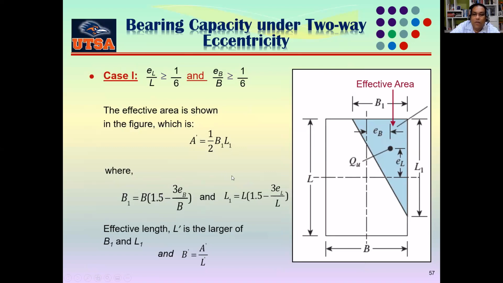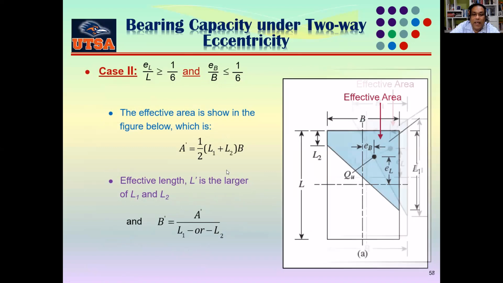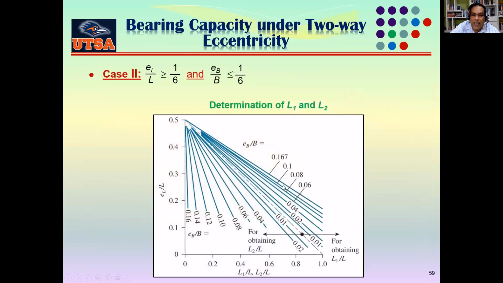Now, the important thing is for case 1, you can find out your B1 and L1 from the formula. But here, we actually use this chart to determine our L1 and L2. So you can see here, this is your L1 by L and L2 by L. This is EL by L. And these lines here are EB by B. So to find out the L2 by L, you have to use the chart in this direction.